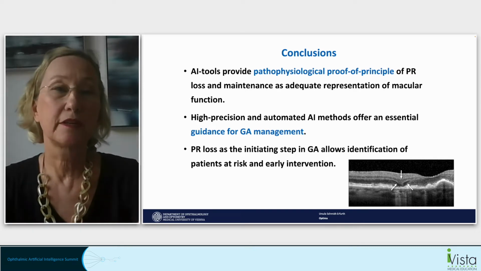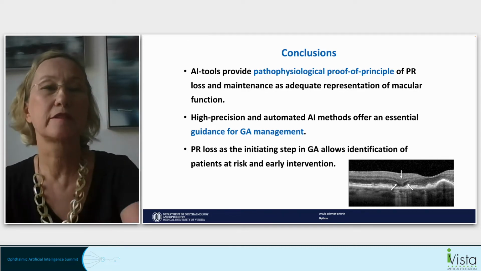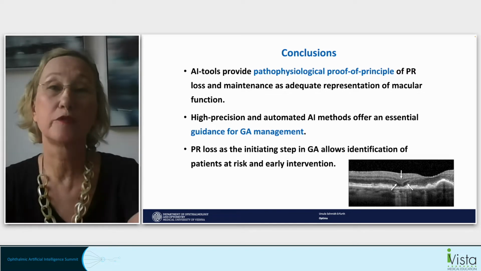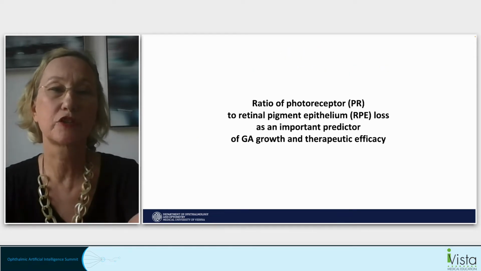This proof of principle is particularly based on using AI tools. And this is important as the changes are small, they require high precision, and an automated AI method, as a human observer cannot spend hours delineating micrometer level changes.